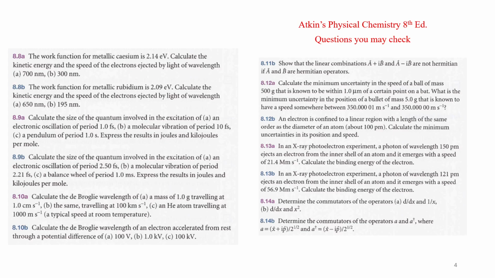Again, it is a photoelectric effect problem where the wavelength is 150 picometer. The wavelength is something like 1.5 angstrom, right? So what would be the energy? Let us actually calculate the binding energy, because the second problem 8.13b is going to be the same. So we'll not do 8.13b, we will do 8.13a.